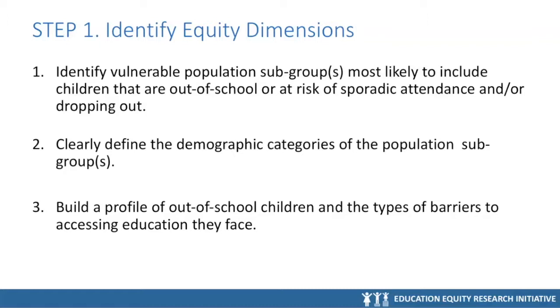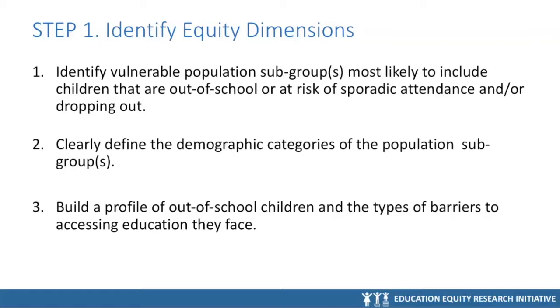So the idea here is that the first sub-step in this process is to identify these vulnerable population subgroups that are most likely to include children that are out of school or at risk of sporadic attendance and/or of dropping out. We're in the process of developing a questionnaire to be applied to different members of the local population through a participatory research approach to support donors and implementing partners in identifying these vulnerable population subgroups.